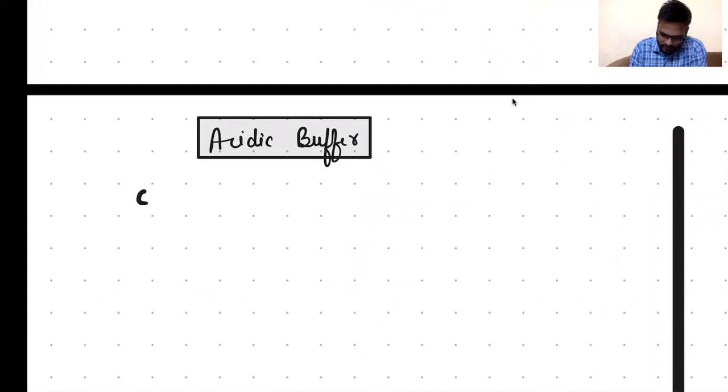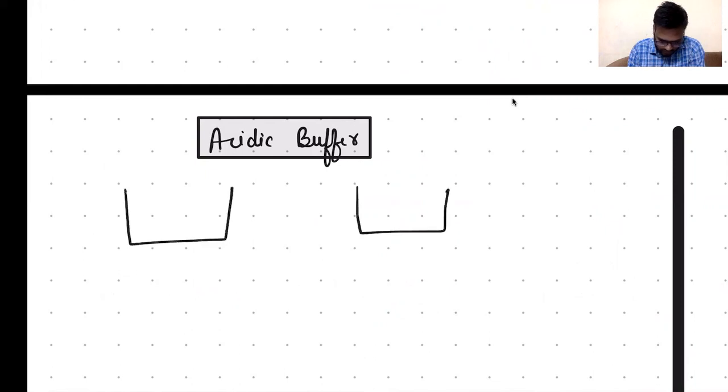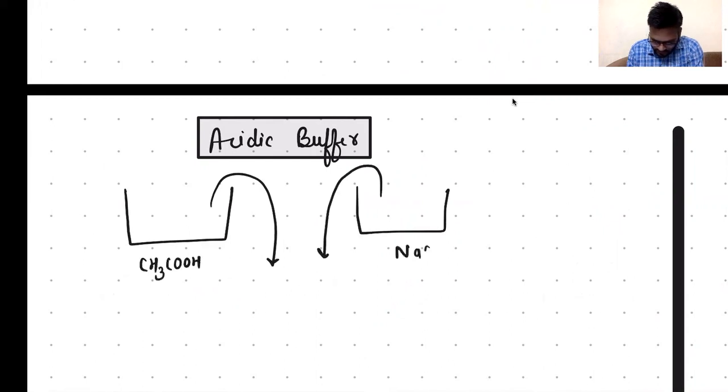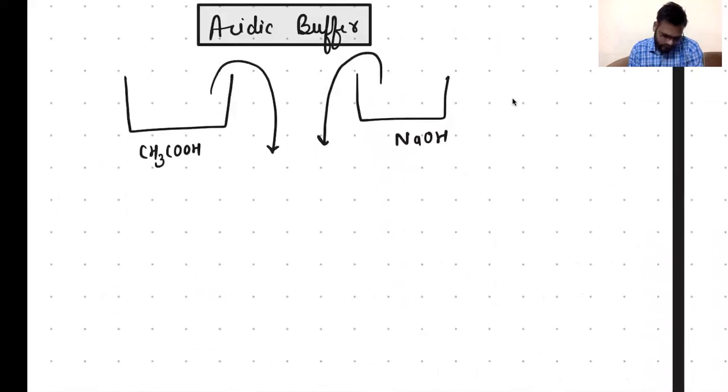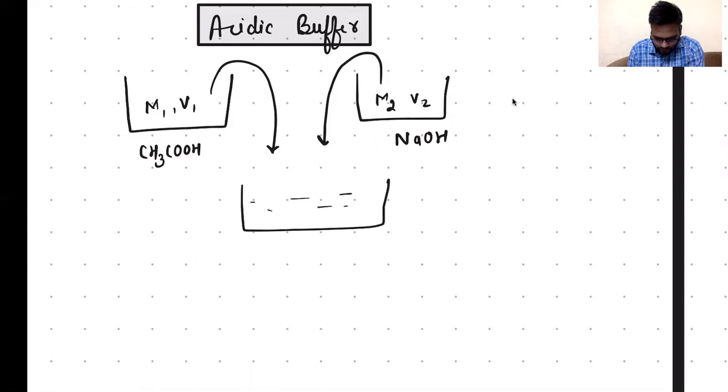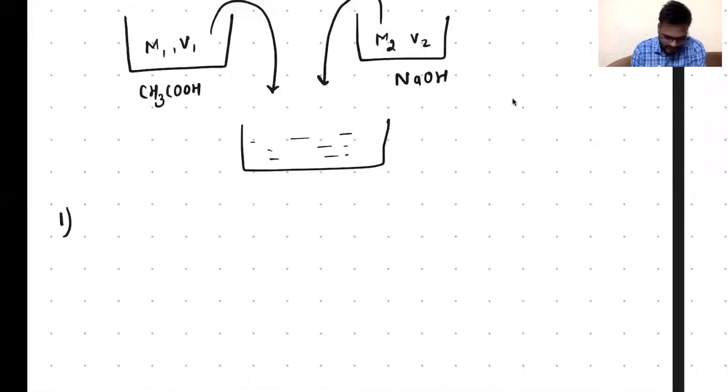Let us take the first container of CH3COOH, and another of NaOH. It's given M1, V1, M2, V2. In the first case, A is the equivalent of acid.